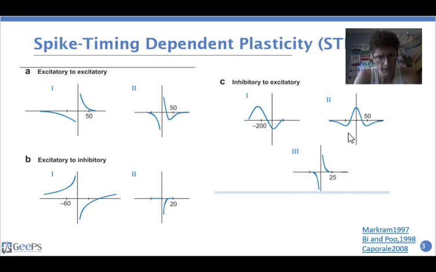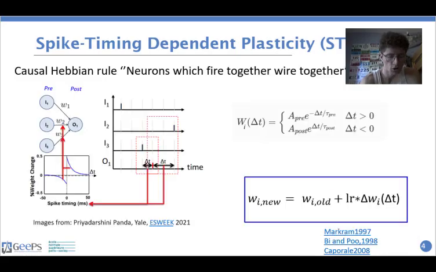It looks like a Mexican hat function. What is interesting is that it shows an LTP, so an increase of the synaptic weight, for close timing spiking, regardless of whether it's a positive or negative correlation. So it can be good for synchronization of signals, and we can compute some things with that. So yes, this one is interesting, and also the other one, but I like this one in particular.